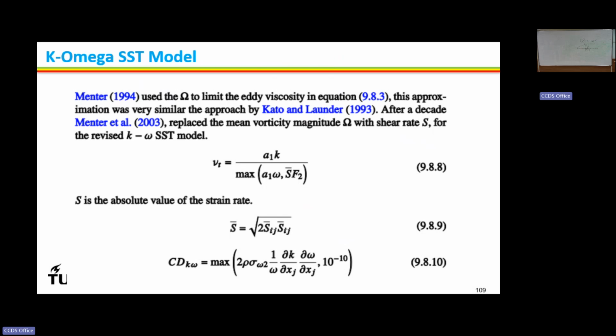He found that with coordinate rotation, the mean vorticity does not show the invariant property, rather the mean strain rate shows the invariant property. So I got the data from the horse's mouth, directly from Florian Menter.